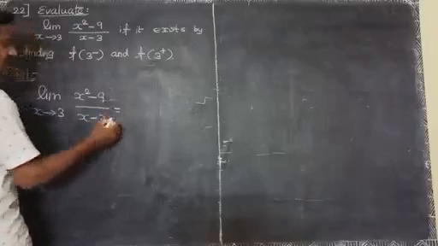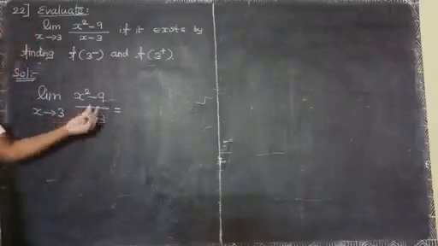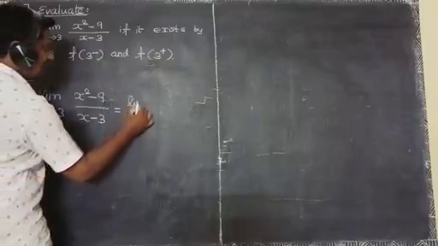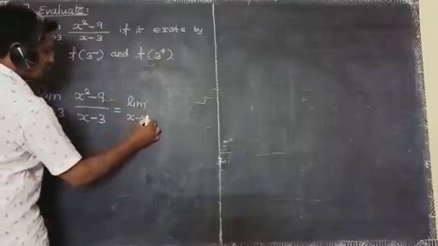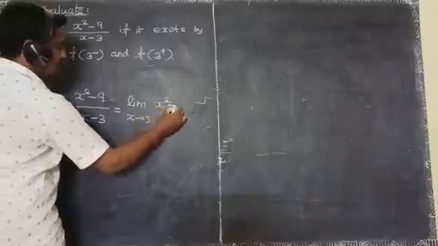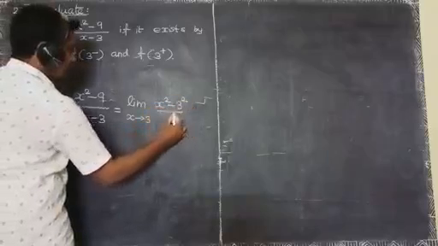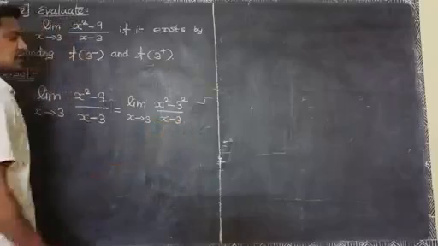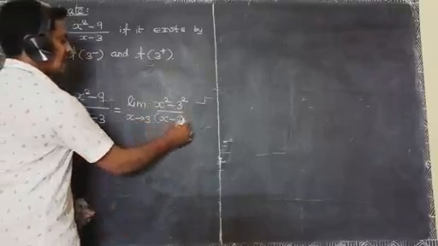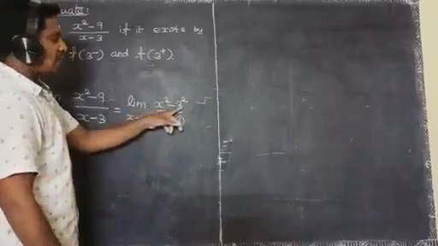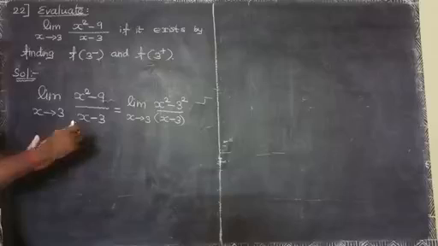In the given function, 9 can be written as 3 squared, that is, the limit as x approaches 3 of (x squared minus 3 squared) divided by (x minus 3). In the numerator, like a squared minus b squared, it can be written as (a minus b) into (a plus b).